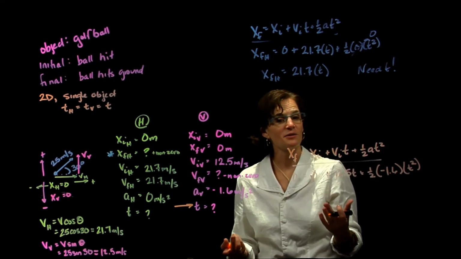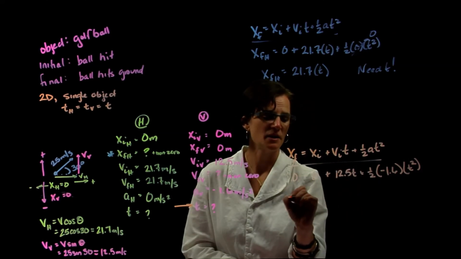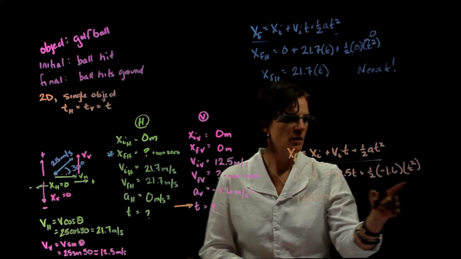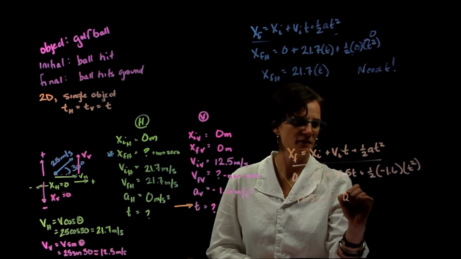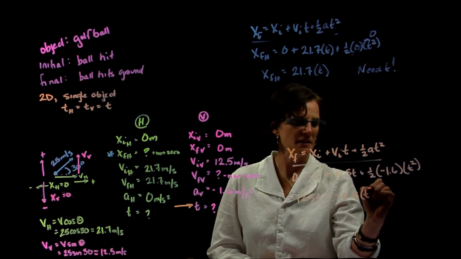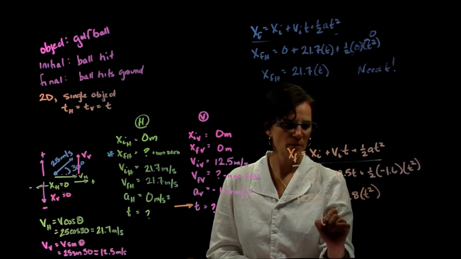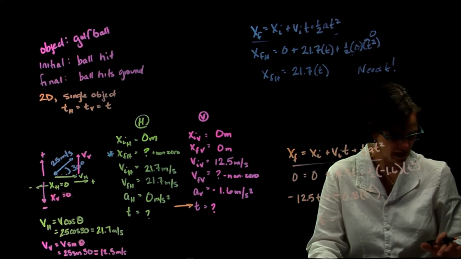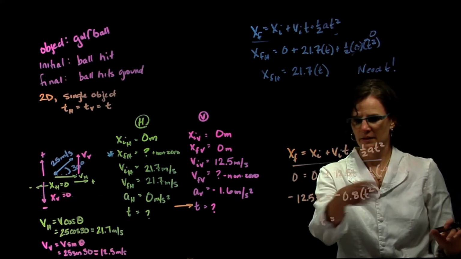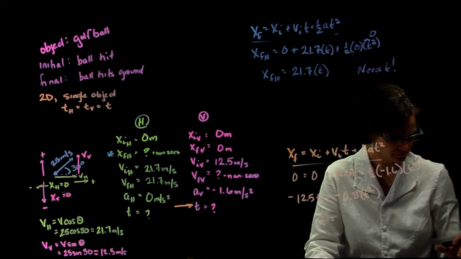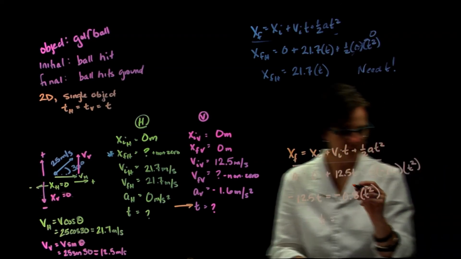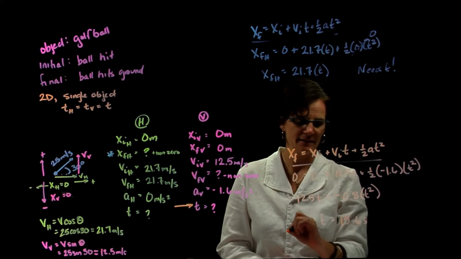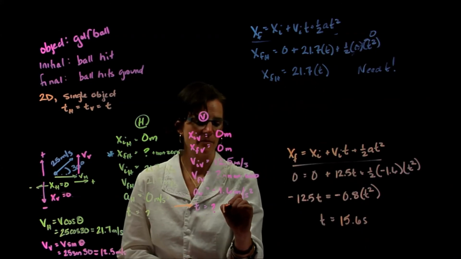And now I can solve for time. I end up with negative 12.5 t equals 1/2 of negative 1.6, which is negative 0.8, times t squared. So my time is equal to 12.5 divided by 0.8, which is 15.6 seconds.